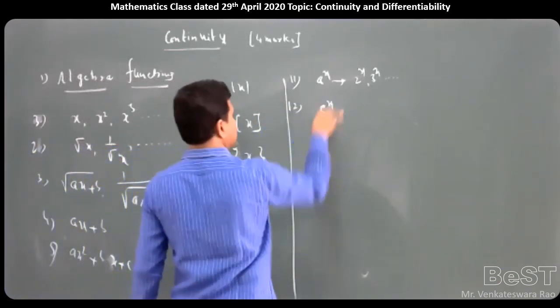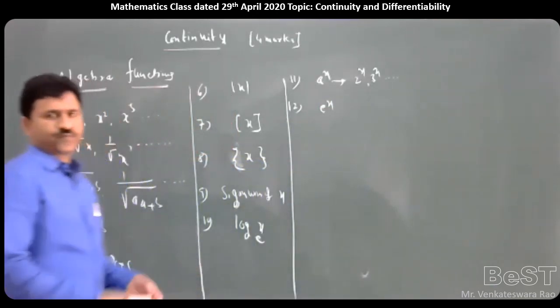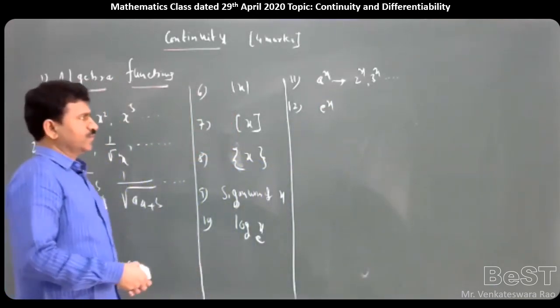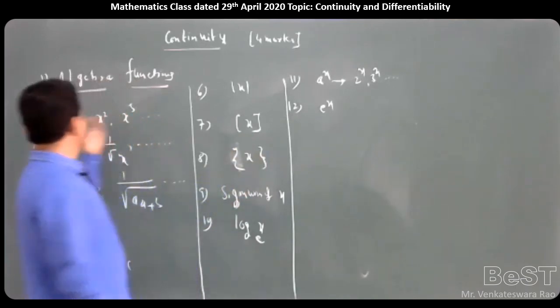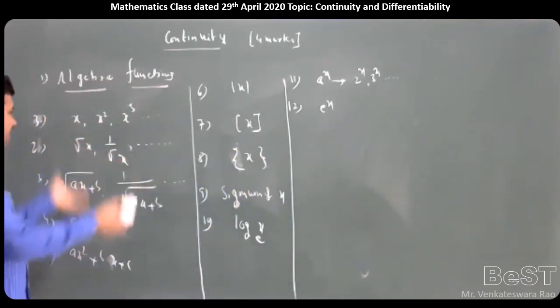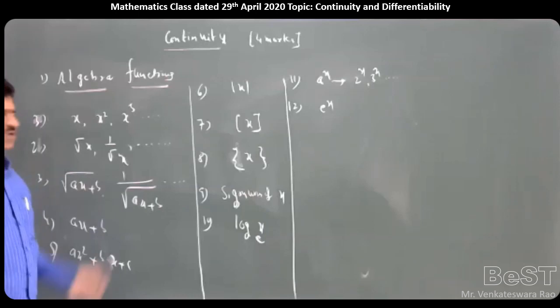And e power x, a special function. So these are the 12 important algebra functions, and by combining these you will get many functions, composite functions.